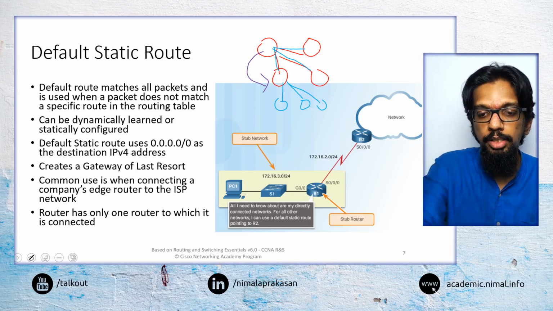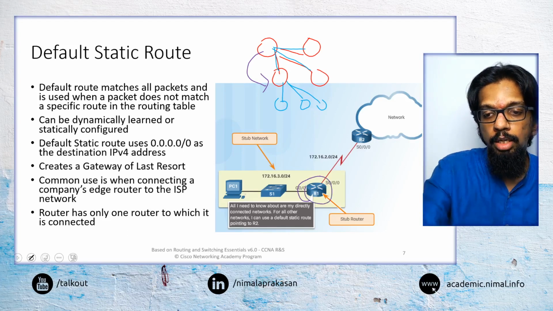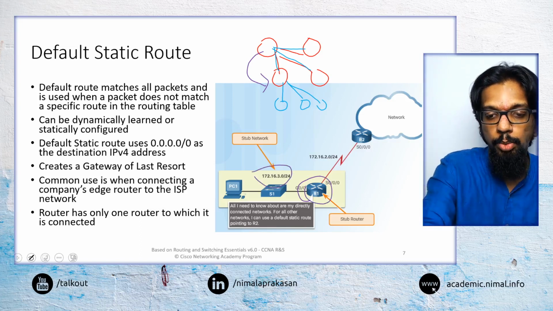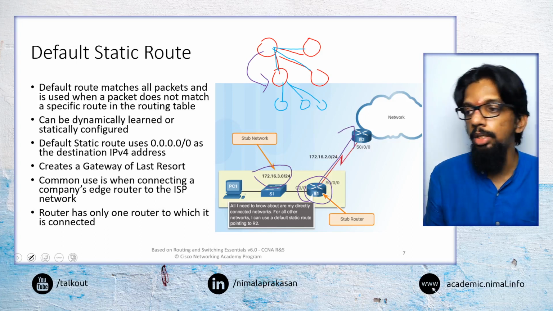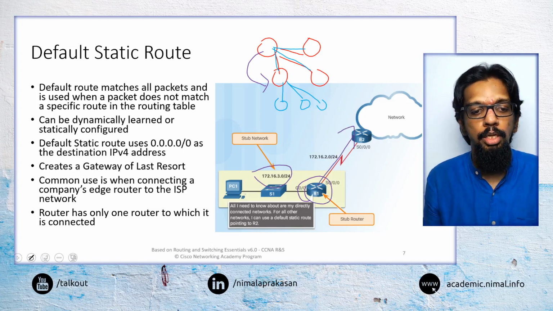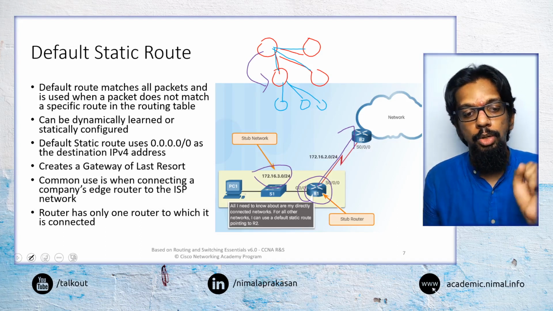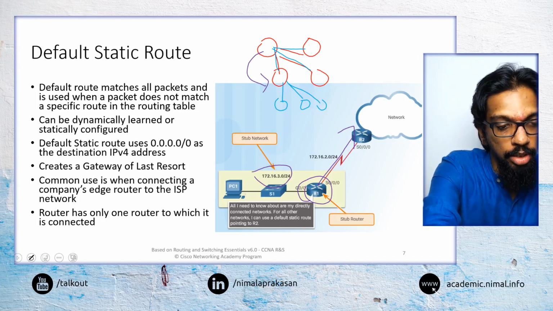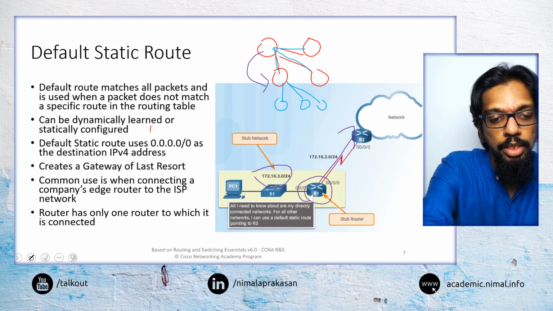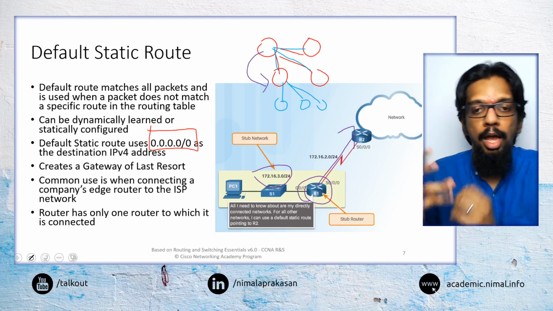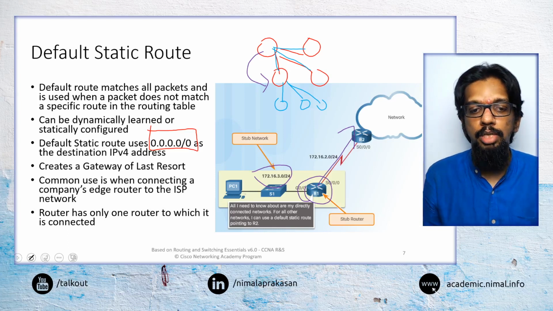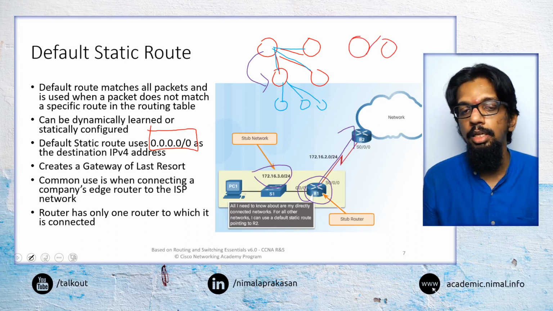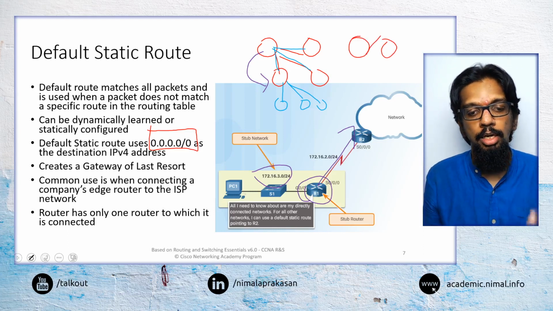In this case, for example, router 1 will say all the traffic that doesn't belong to its own network will be sent to router 2. So router 2 will be the default route. The way that we configure a default static route is using the network address 0/0.